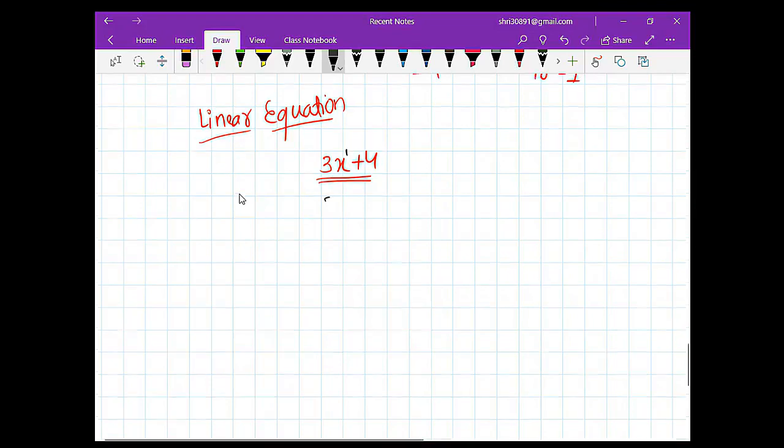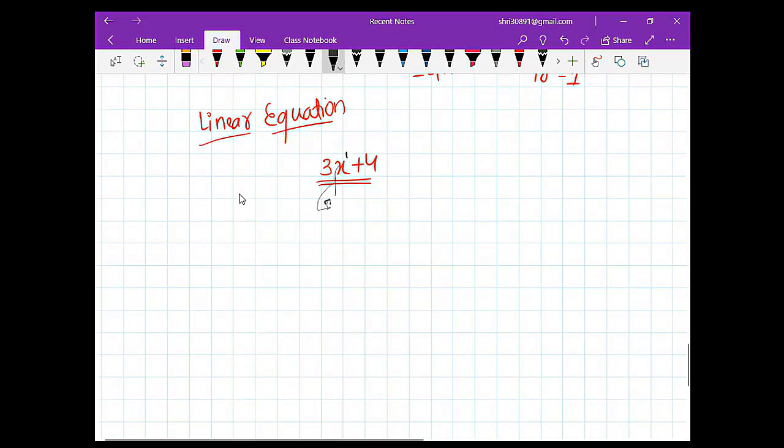Or if we have 2y plus 5, here the power of y is also 1. If we have 3z minus 8, here the power of z is 1. In all these examples, the power of the variable is 1 only.